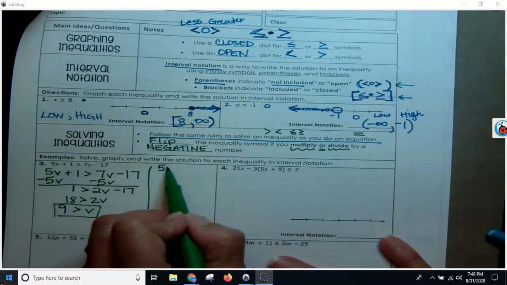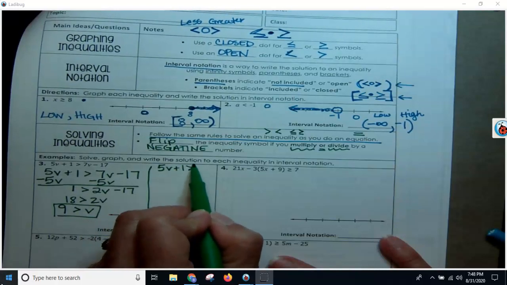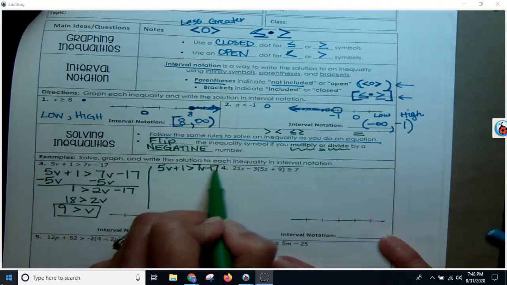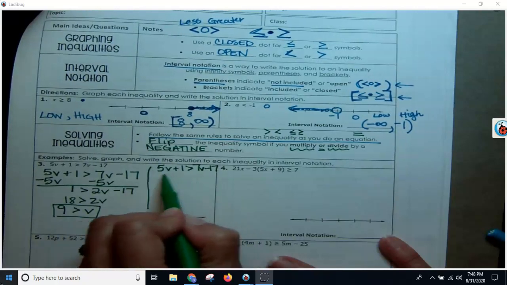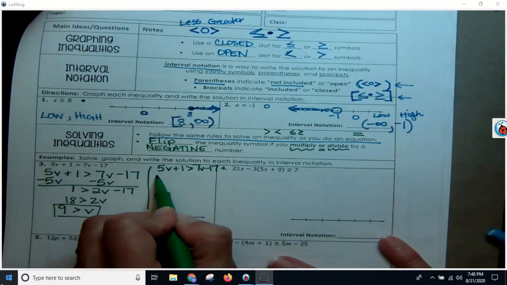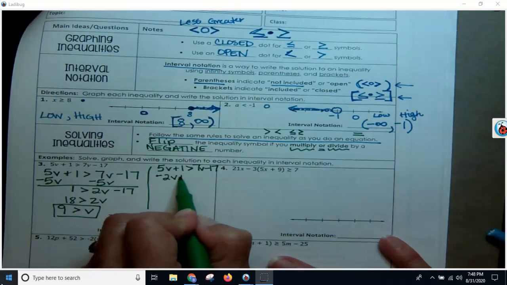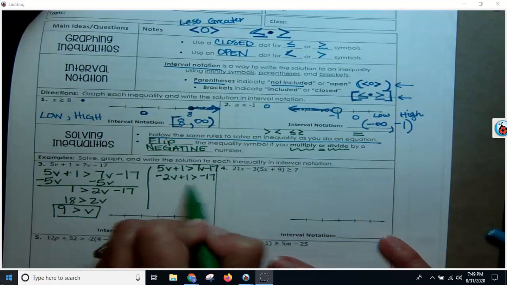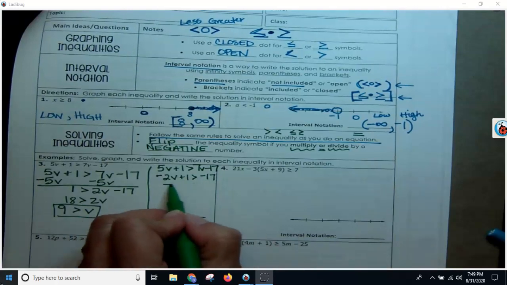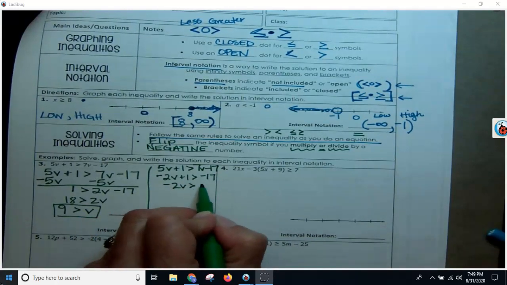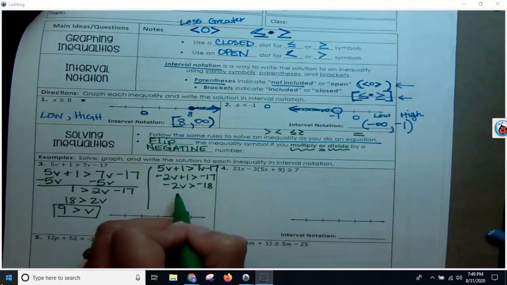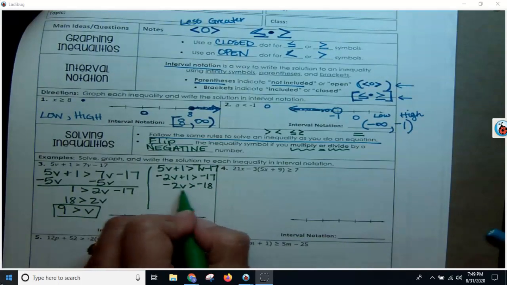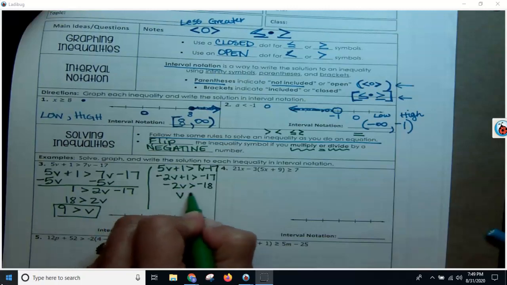What if we had said 5v plus 1 greater than 7v minus 17? Subtract 7v from both sides. I'd get negative 2v plus 1 greater than negative 17. Now I subtract 1 and get negative 18. Now I'm going to divide by a negative number. So in that case, I need to flip my sign.